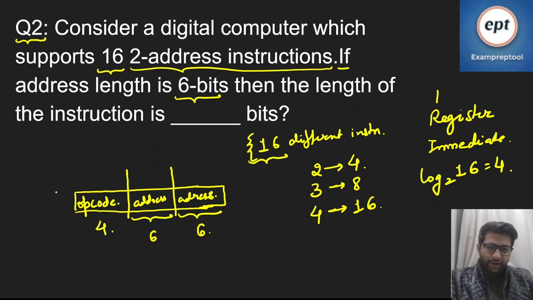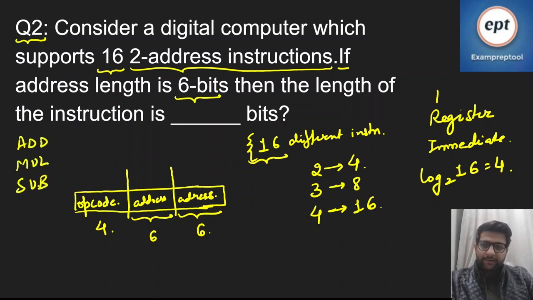To explain it more clearly, let's say the computer is supporting 4 different instructions: add, multiply, subtract, and divide, right? There should be a code for all these different instructions. Let's say 00 represents the add operation, 01 represents the multiply operation, 10 represents the subtract operation, and 11 represents the division operation, right?